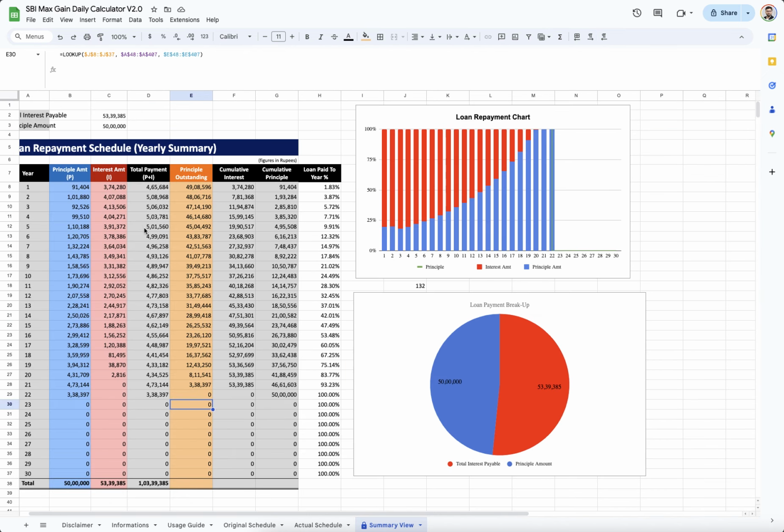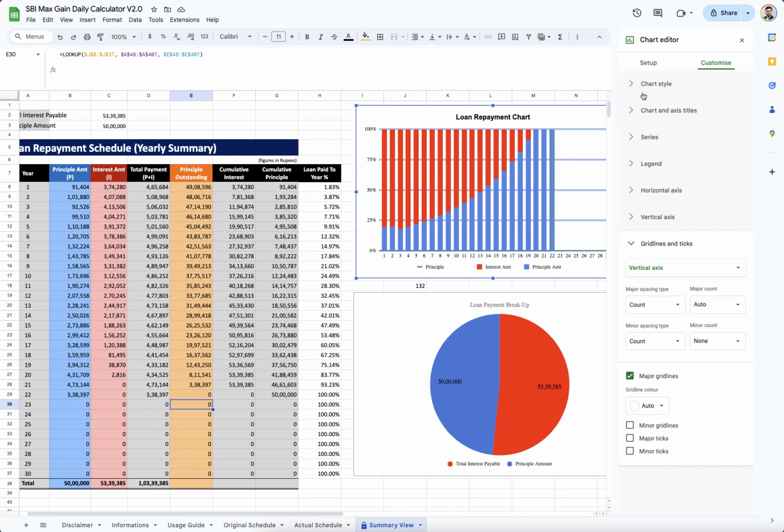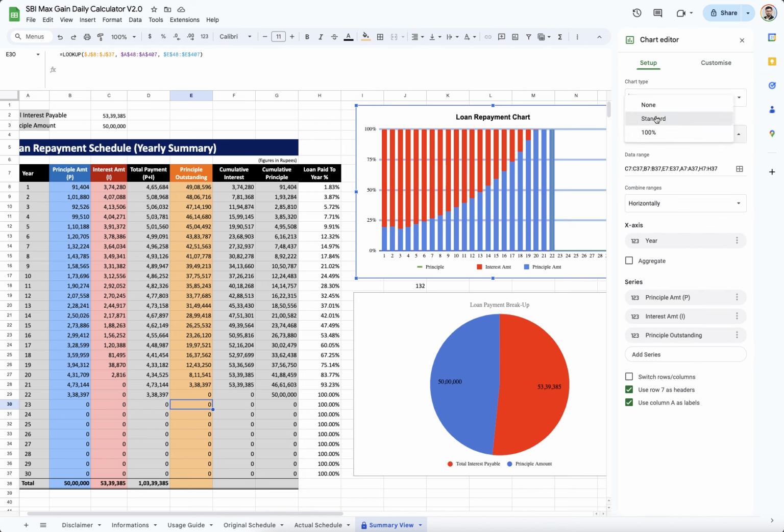Okay, and this was the summary view. It gives you the principal amount and the interest amount. Let me try to do one thing.